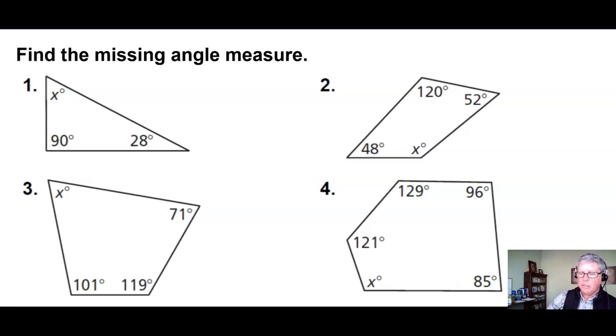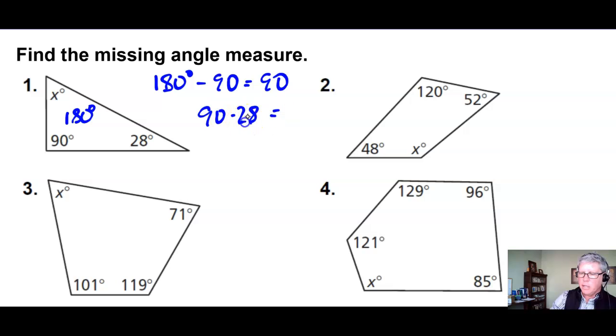Find the missing angle. So when you have 3 angles in a triangle, we know the sum will add up to 180 degrees. So if we took 180 and subtracted 90, we get 90. And then we take 90 minus 28, and we get 62 degrees.